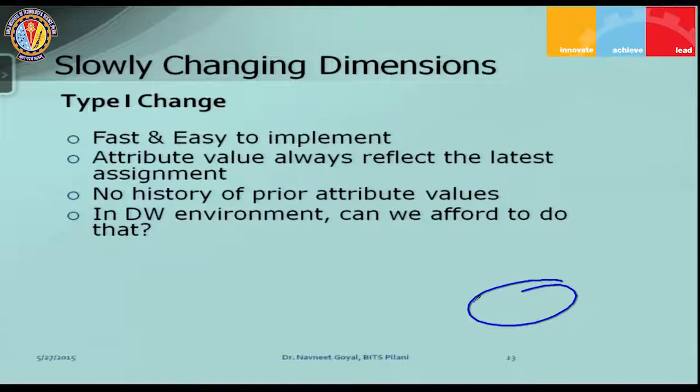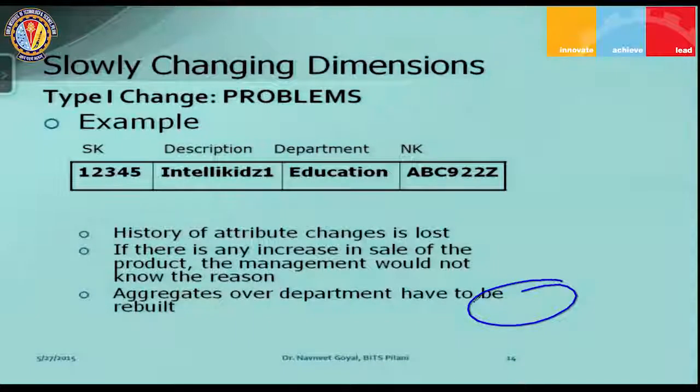The answer is no, because a data warehouse is supposed to maintain all historical data, and all the changes that happen in the operational system must be captured in the data warehouse. So we cannot afford to use type 1 unless it is something that you require.